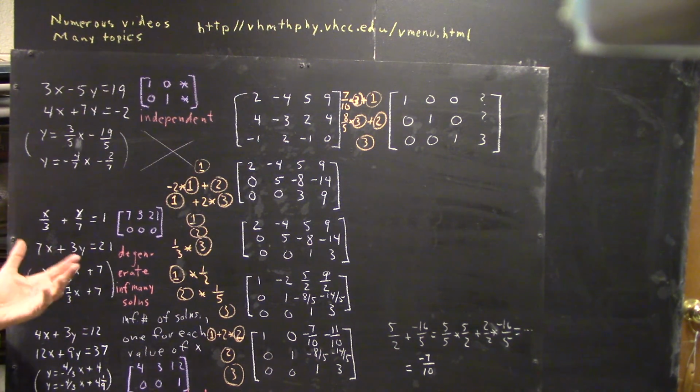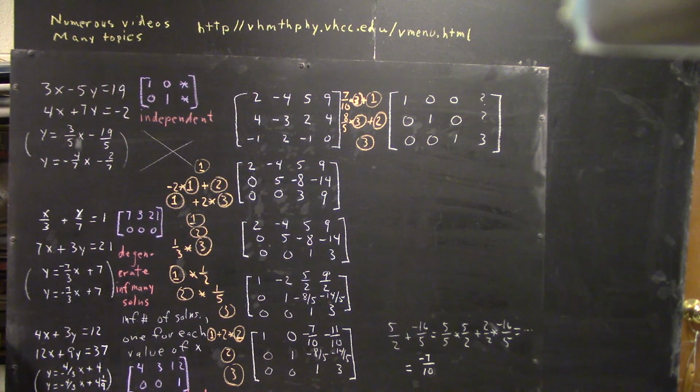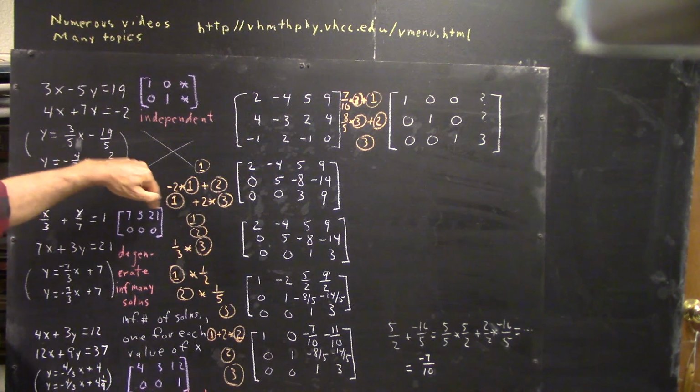Now that's not the case for everybody, but it's the case for way too many people. It's not your fault that you've done that, but you just have to get that calculator out of your hands and go through the process.